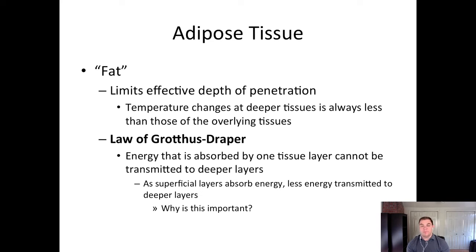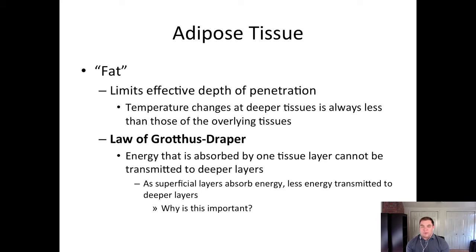The law of Grotthuss-Draper states that energy that is absorbed by one tissue layer cannot be transmitted to deeper layers. As superficial layers absorb energy, less energy is transmitted to deeper layers. Okay. Superficial, remember, closer to the skin surface. All right. Deeper layers would obviously be deeper.